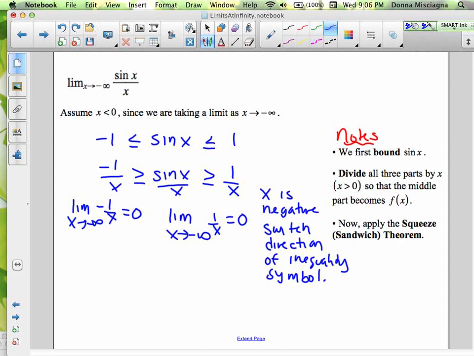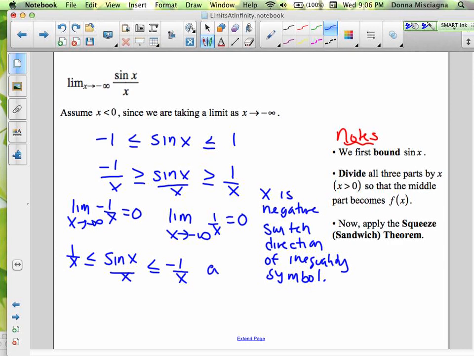So we have, actually I'm going to reverse the order I write them in. That way I can write the inequality symbols. I kind of like to write them this way. So 1 over x is less than or equal to sine x divided by x, which is less than or equal to negative 1 over x.